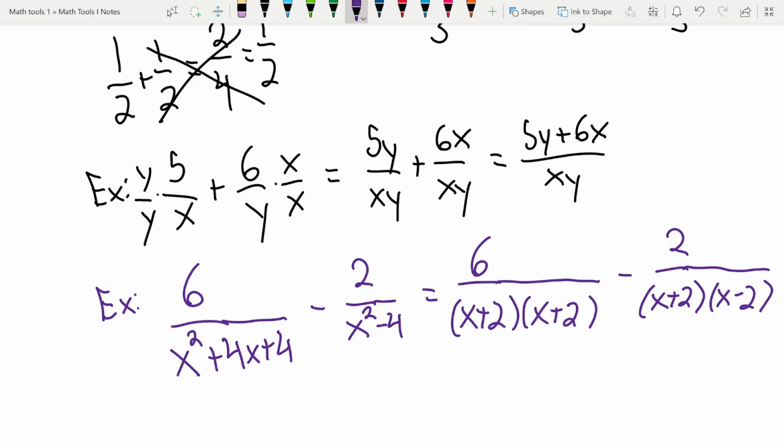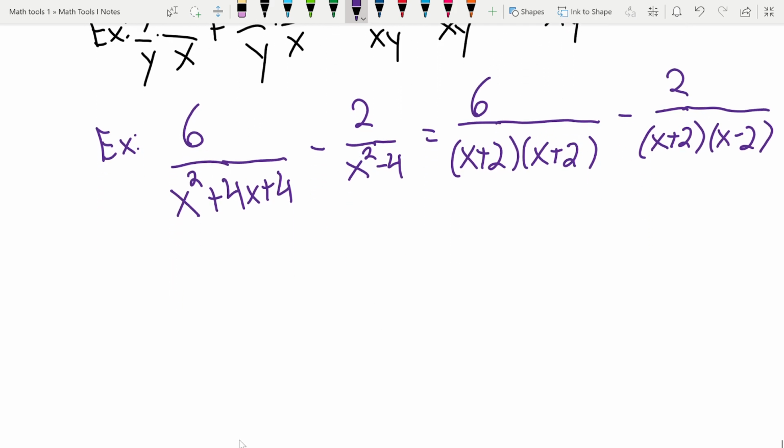In other words, if we multiply the left term by x minus 2 and multiply the right term by x plus 2, then we'll have the desired denominator. Okay, so let me squeeze it in over here then. I'll write in a different color here.